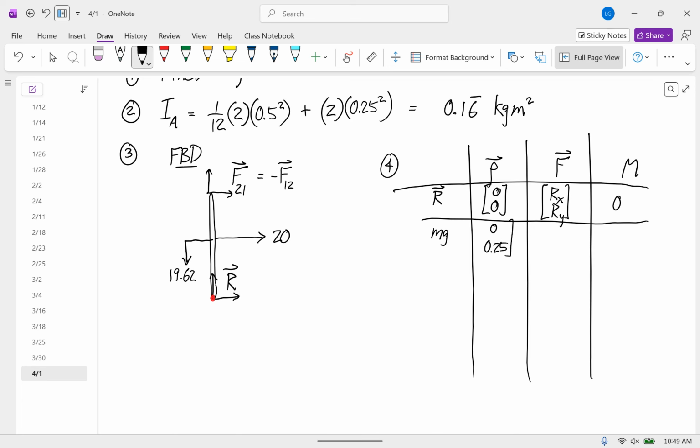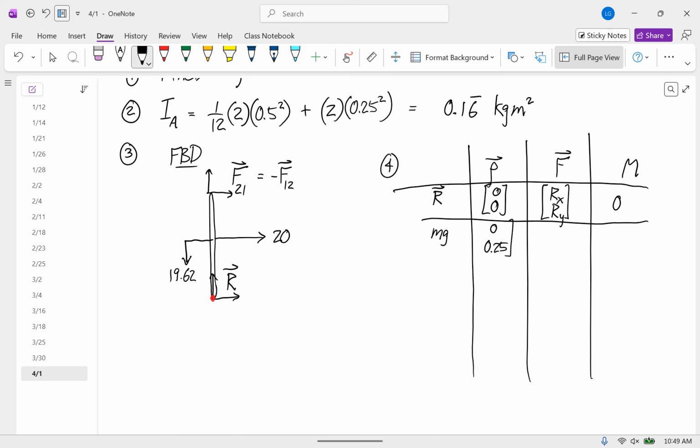So now we have 6 variables, and just 4 equations, so we can't do anything yet.